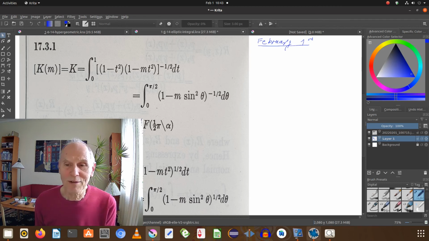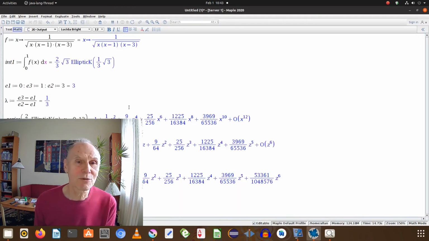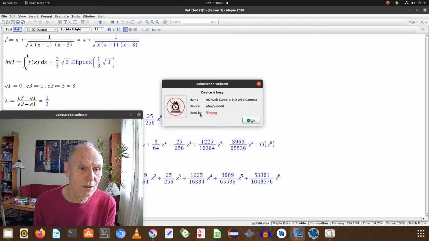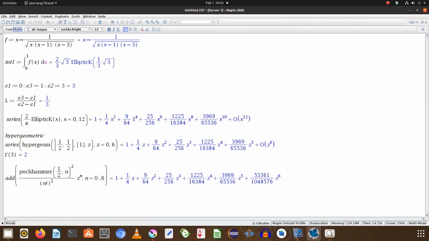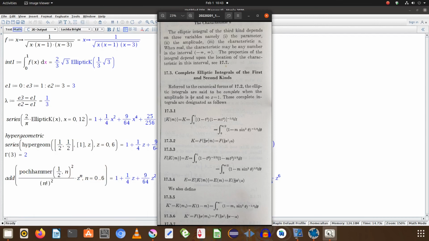Another thing, the elliptic integral has the expansion. Oh, I need to remove this picture. Oops. Now I've done it again. So I'll just check that I'm still recording.